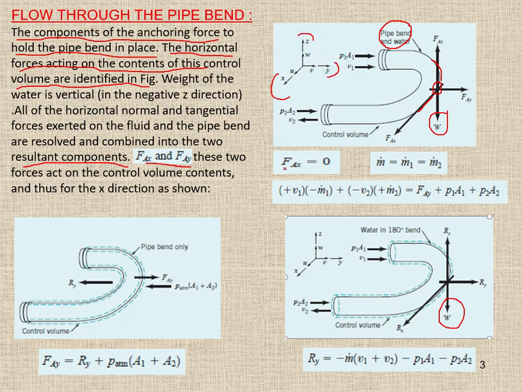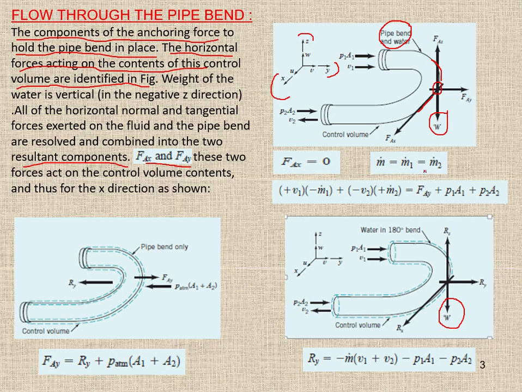First we have considered the net force acting in the X direction. What are the forces acting in the X direction? Nothing, only the X component of the resultant force. That means there are no other external force components acting in this X direction, so we consider Fx equal to 0.